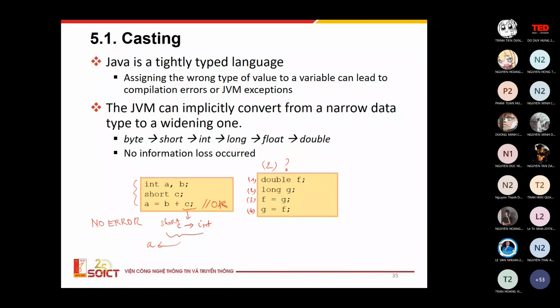Let's begin at the first command. The command creates a variable with the identifier f, and the data type is double.